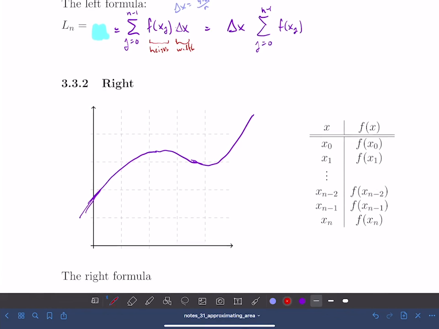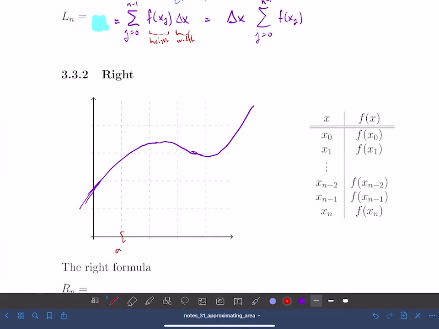Let's play that same game for the right. Let's break our interval from a to b into equal pieces. Let's do the same number, 6. I'm going to use right endpoints.